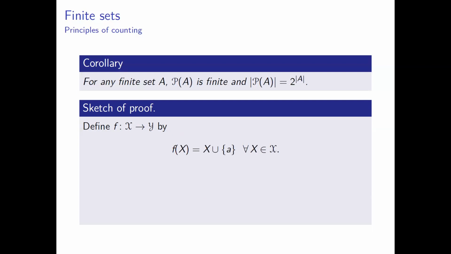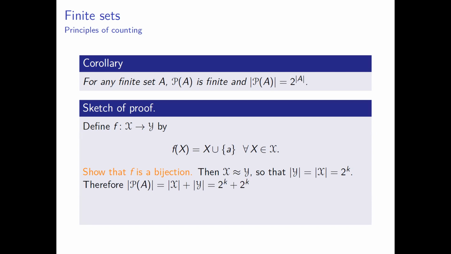For any subset X in curly X, the image of X under the map F is the set X union the singleton with element small a. It is left as an exercise to show that F is a bijection from curly X to curly Y. Then curly X is numerically equivalent to curly Y, so that the cardinality of curly Y is equal to the cardinality of curly X, which is equal to 2 raised to k.